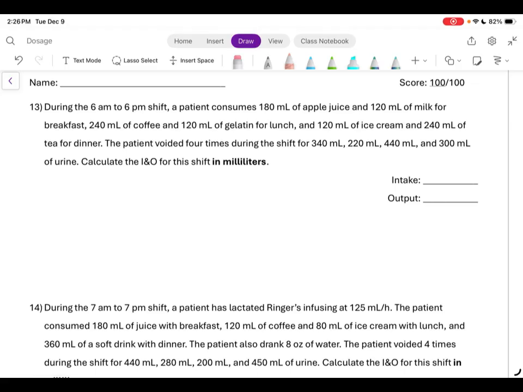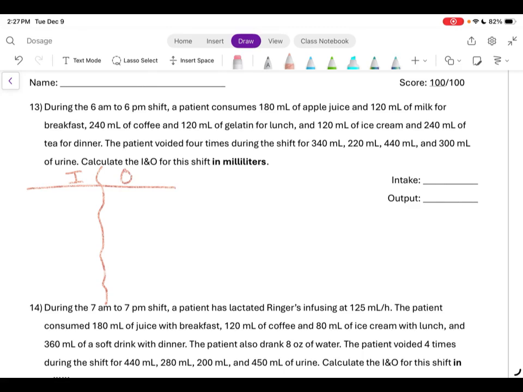All right, so we got a lot of I&O questions here. Starting with number 13, I'm gonna make my table that I like to make to keep myself straight. All right.